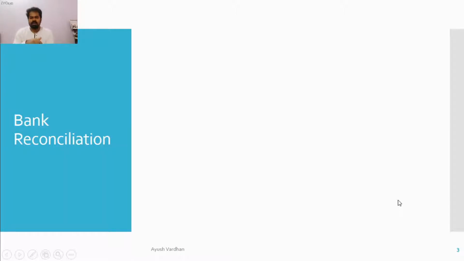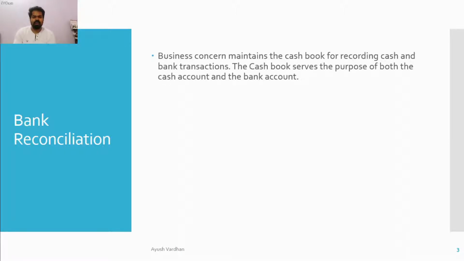Now next is what is bank reconciliation and why we do it. A business concern maintains the cash book for recording cash and bank transactions. The cash book serves the purpose of both the cash account and the bank account.